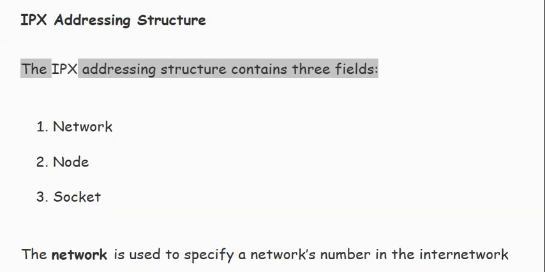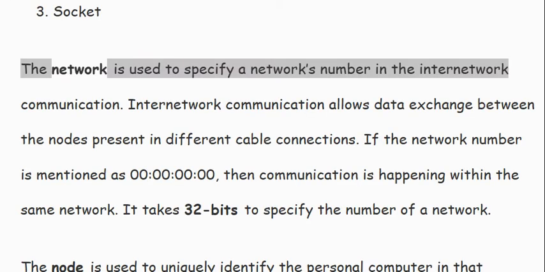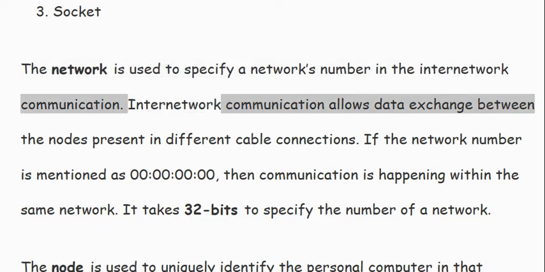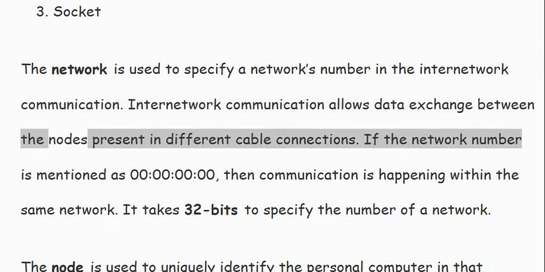IPX addressing structure. The IPX addressing structure contains three fields: network, node, socket. The network is used to specify a network's number in the inter-network communication. Inter-network communication allows data exchange between the nodes present in different cable connections.